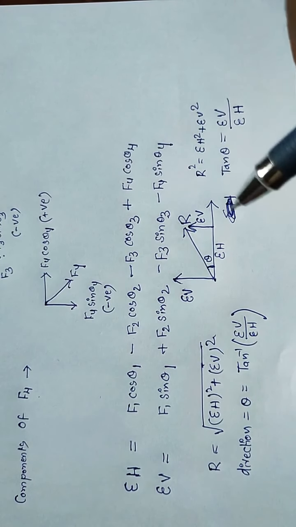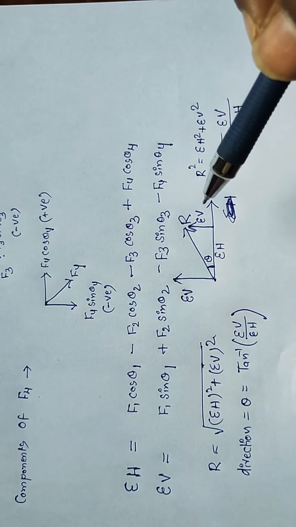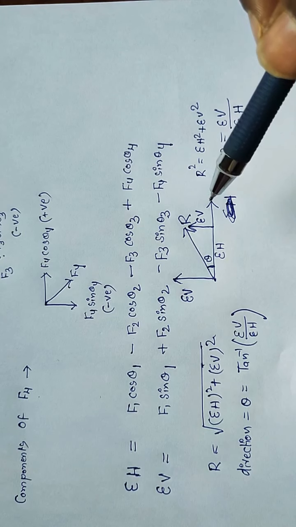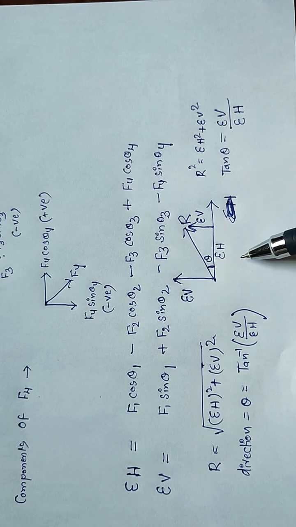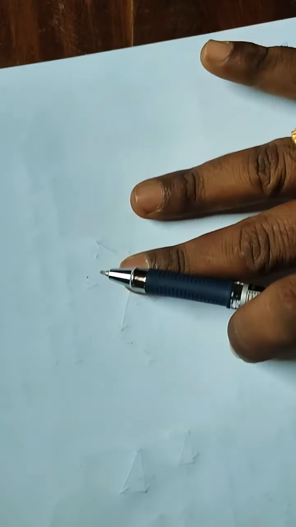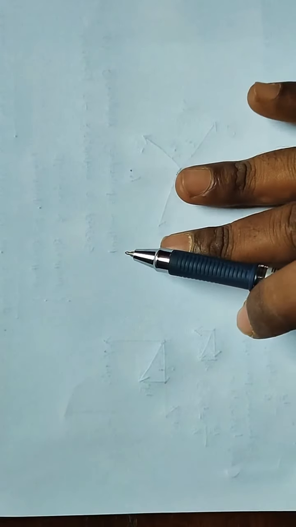So when more than two forces act at a point, in that condition you can calculate the magnitude of the resultant using this method of resolution of forces. With one example problem we can easily understand this method.